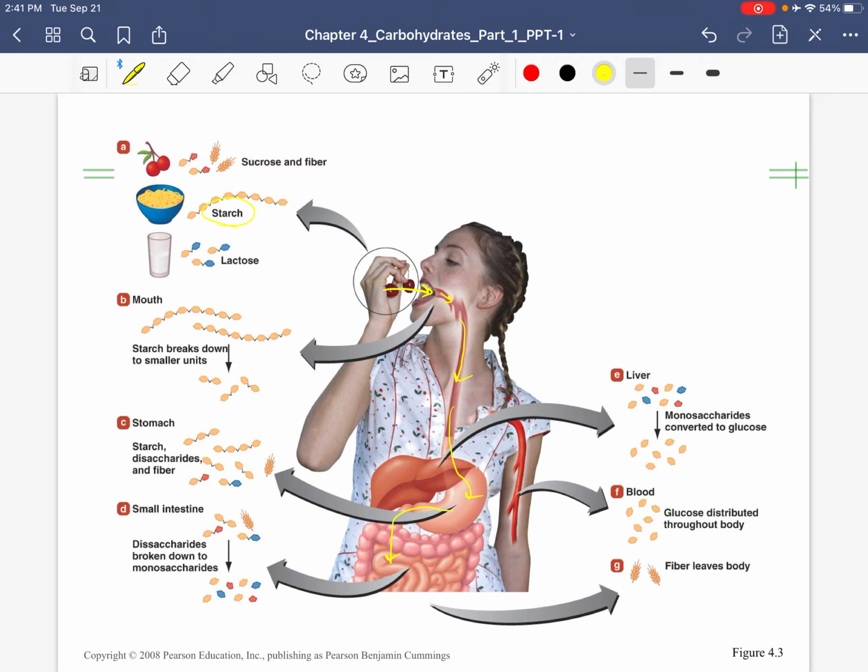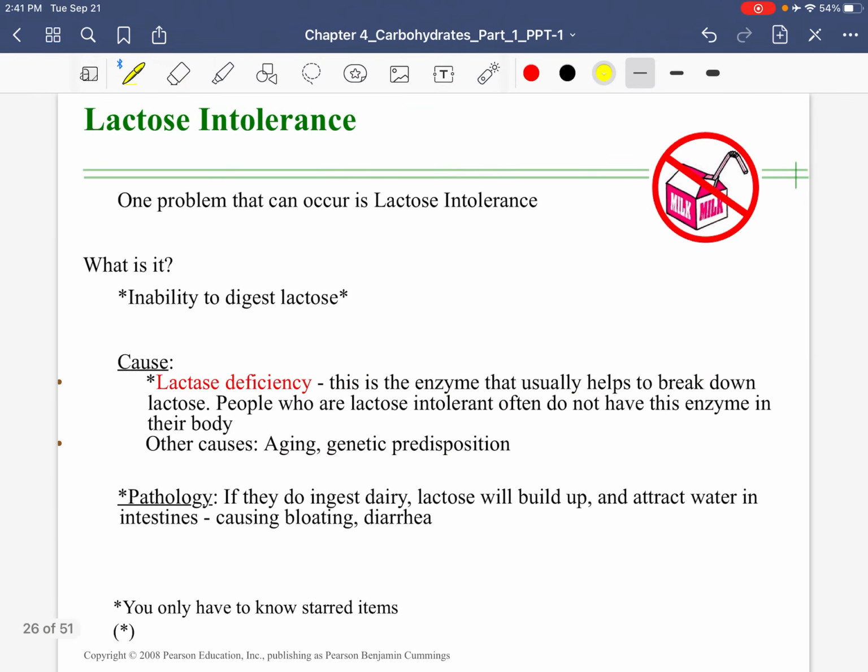Then we do more mechanical digestion, and the food travels to the small intestine, where we do absorption. Nutrients are absorbed into the bloodstream. Where does that bloodstream go? Liver. And the liver will keep some glucose in the blood, but the rest will be stored as glycogen.